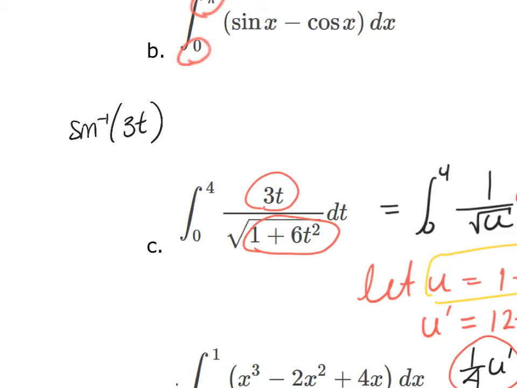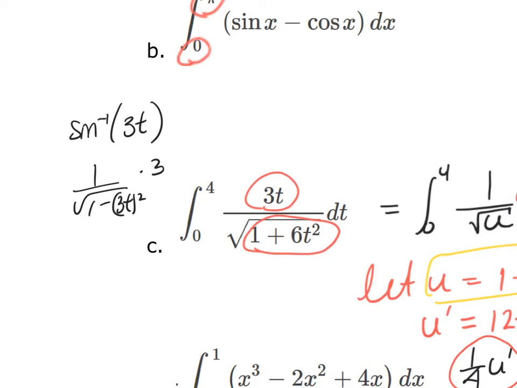What am I going to get? 3 over the square root of 1 plus, is it 1 plus or minus? Minus. See, then it wouldn't have been the sine inverse anyway. Yeah, because I would have had 1 over the square root of 1 minus 3t, the quantity squared, and then times 3, which is not what I have.